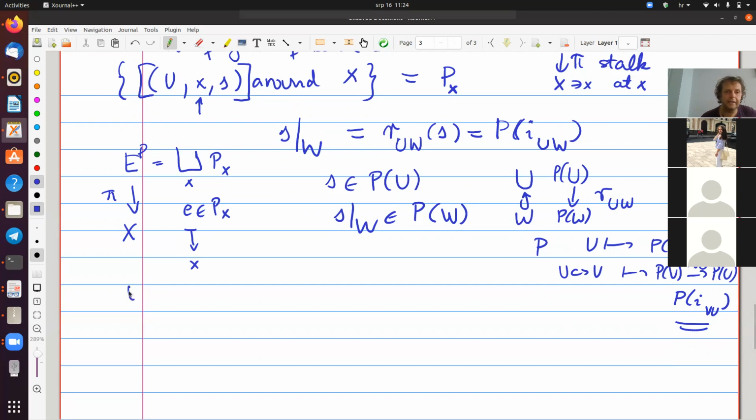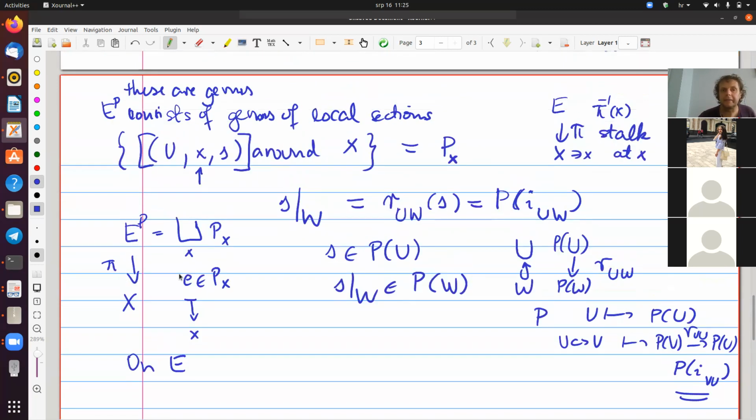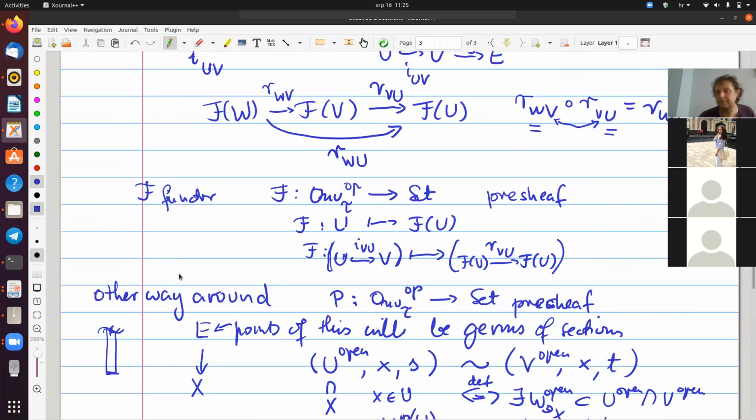And then on E, now before that was an exercise. I didn't do it, but I expect that if you have never seen it, do it. It's very, very useful. Whenever you have a tau space, just from this property that it is a local homeomorphism, it's easy to get that the sections make a base of the topology.